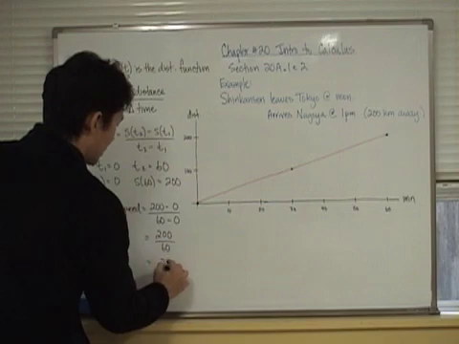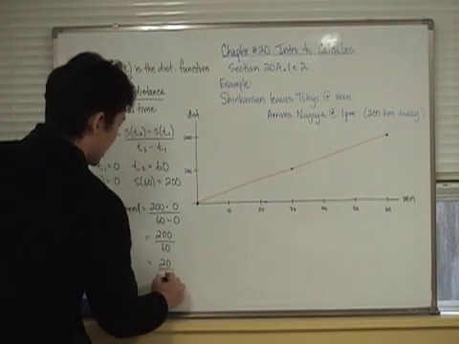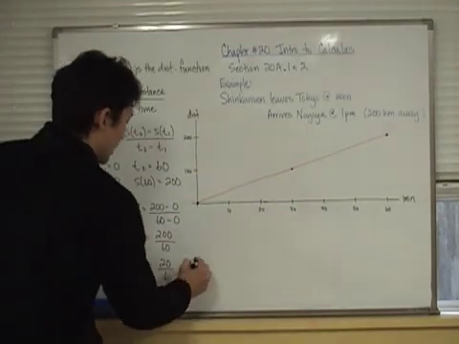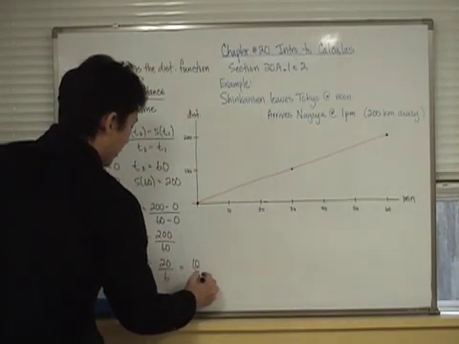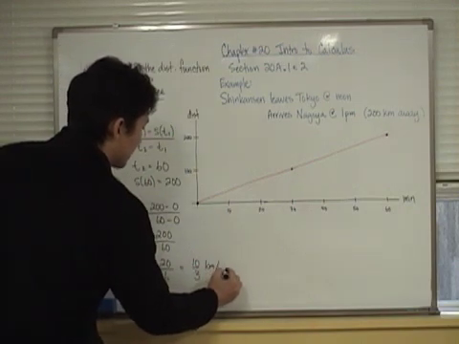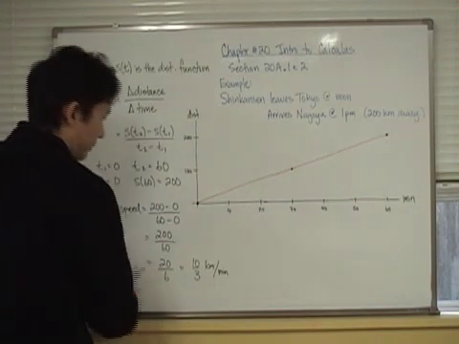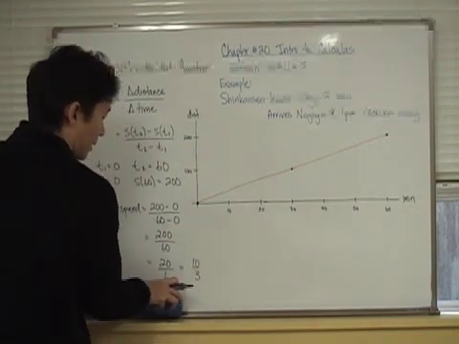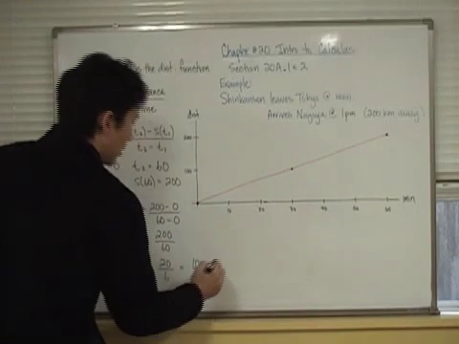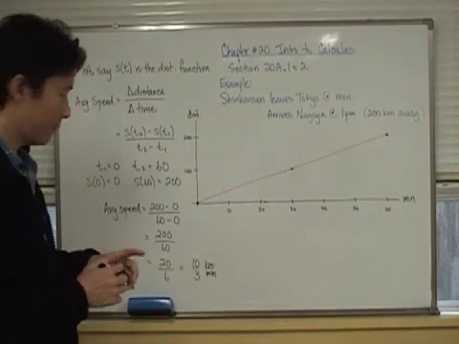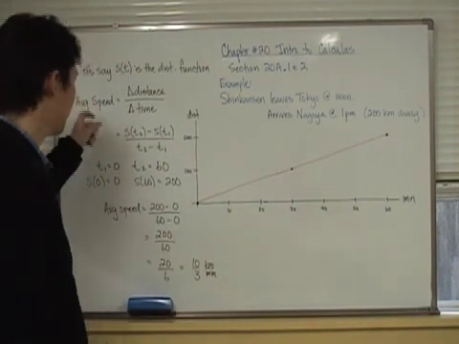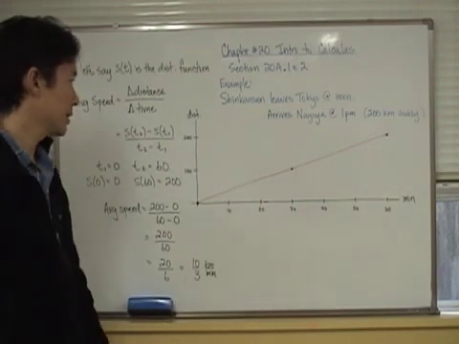That's the same thing as 20 divided by 6, and if I reduce that by 2, that is 10 over 3. And this is going to be kilometers per minute. So that means for every 3 minutes you travel 10 kilometers, and there you go, you're talking about an average speed for the Shinkansen.